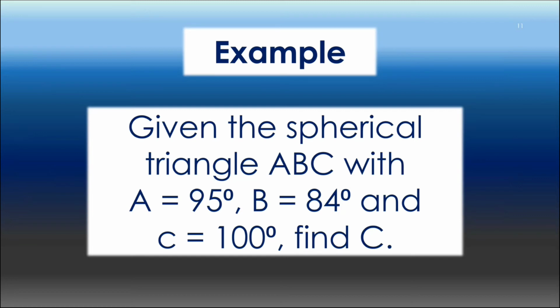Then we are asked to determine the measure of angle C. So again, as you can notice in this problem, we do have big A, big B. Two angles are given, the other angle is unknown, and there's one side given. So we're going to use here the law of cosines for angles. Okay, so let us switch to the black screen.